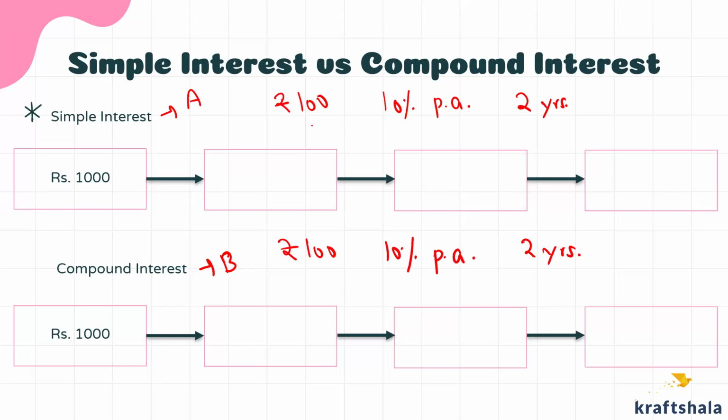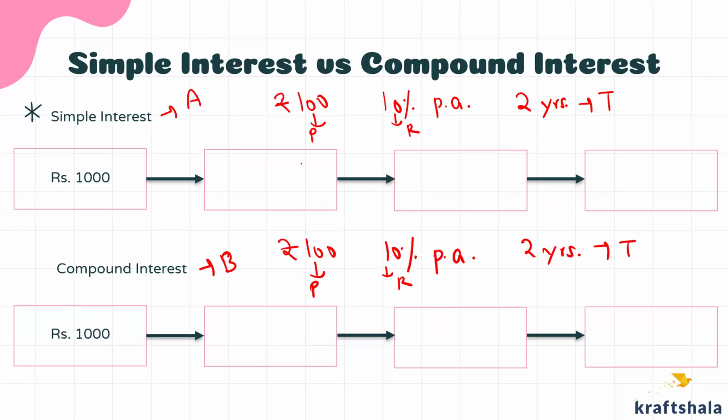So let's see. 100 rupees you have borrowed from friend A, 100 rupees you have borrowed from friend B. जो हम borrow करते हैं that is known as principal. This is principal. This is rate. I think needless to tell. This is time. ठीक है? Borrow करते हैं, lend करते हैं, that is your principal.